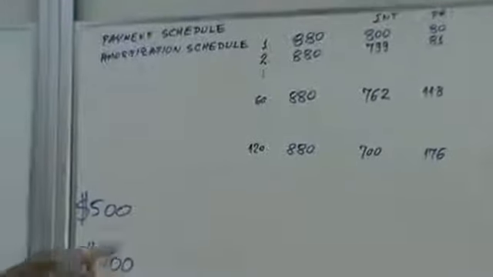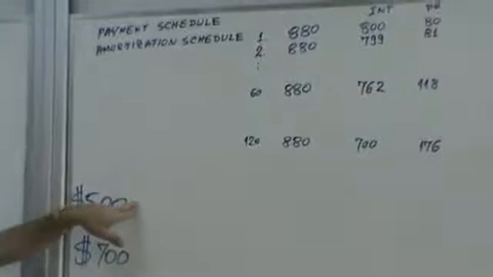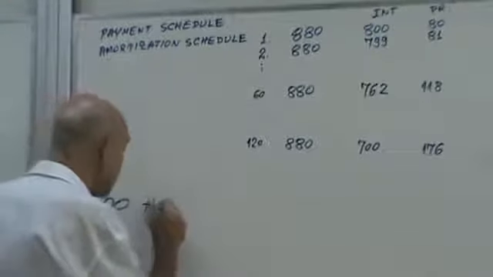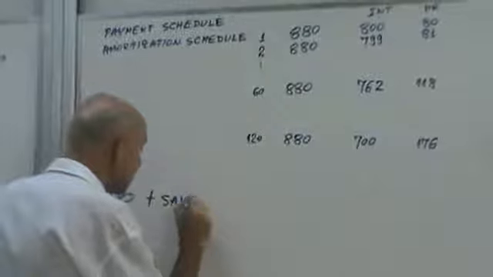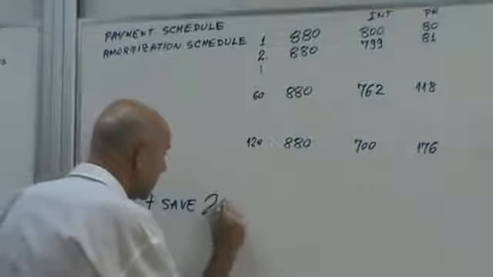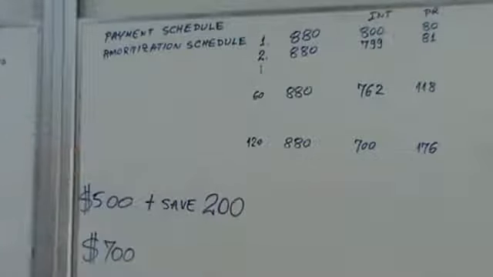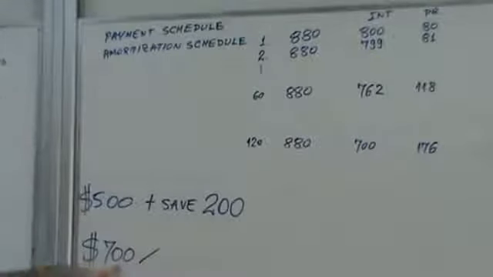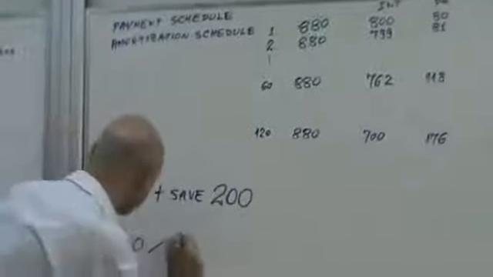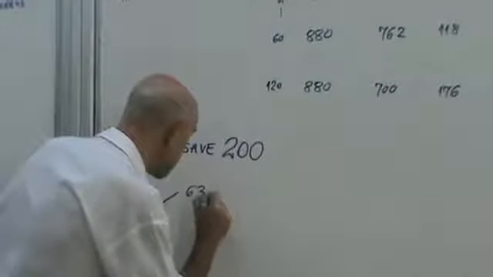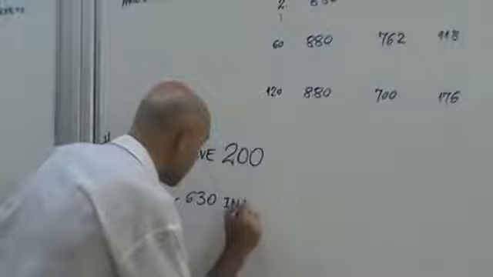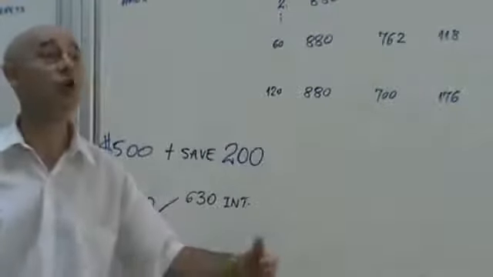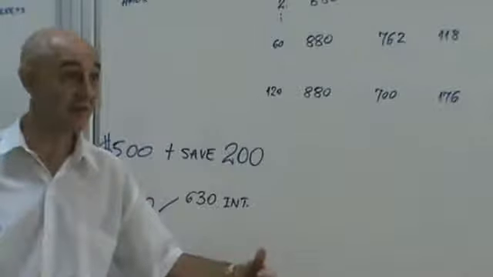Why? Because you can live in the apartment for $500 and save $200, or you can buy the house and you can be paying $630 of interest. This interest goes to make the banker rich, in fact.